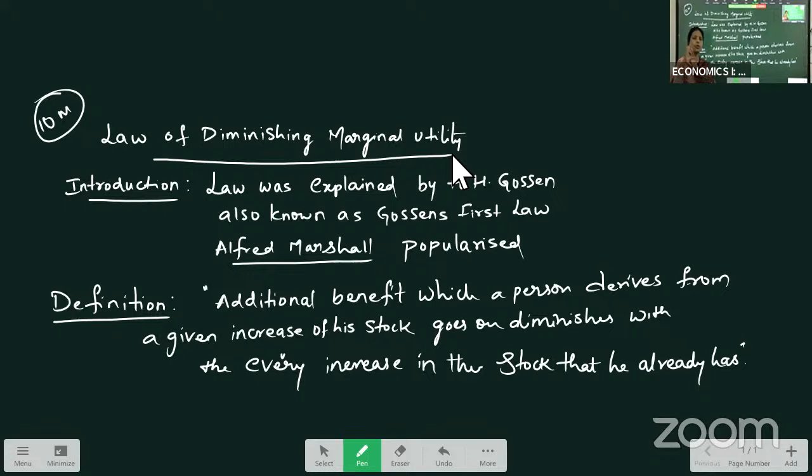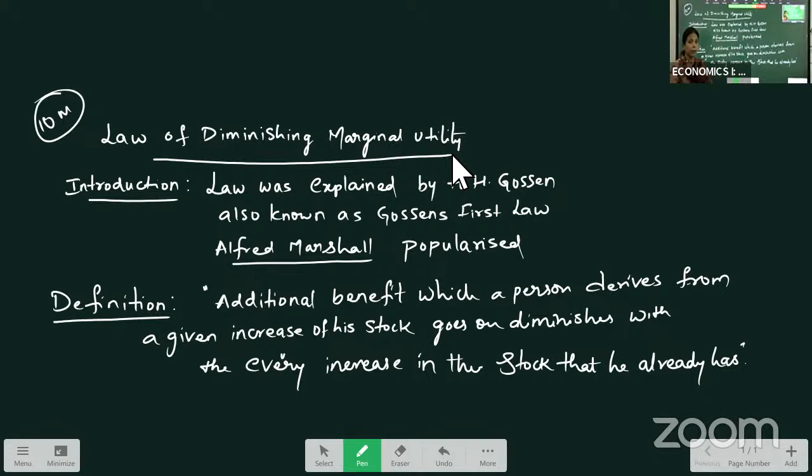When we consume one mango, I get full satisfaction, completely satisfied. If I take a second mango, I may not get the same satisfaction as the first, because I already had one. If I take a third one, my satisfaction decreases again. I will not get the same as the second. Then the fourth mango, and I continue consuming.